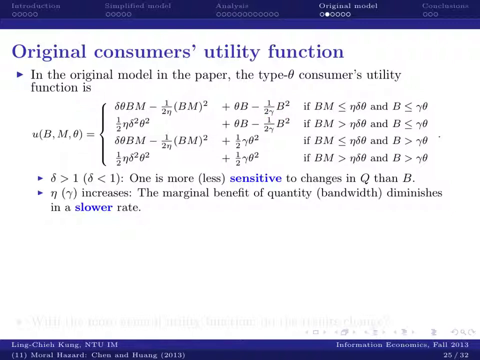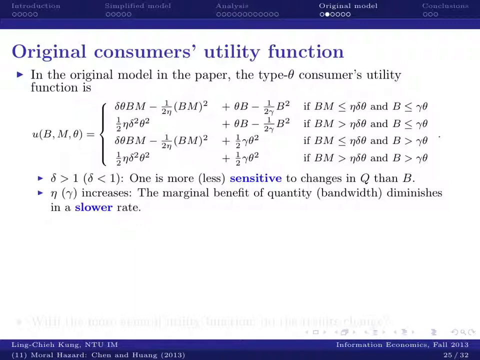Okay, here, suppose we look at delta first. Delta is something positive, but it may be greater than 1 or less than 1. That means it will adjust the relative sensitivity for changes in B and changes in Q. For example, if delta is greater than 1, you may imagine that delta is 2 or 3 or 4 or 5.